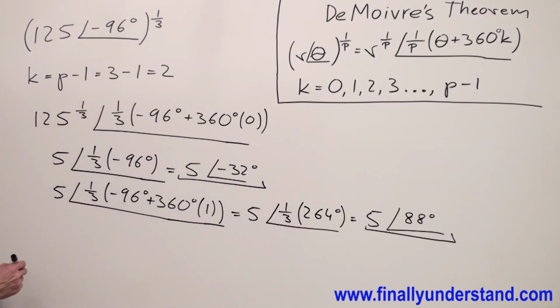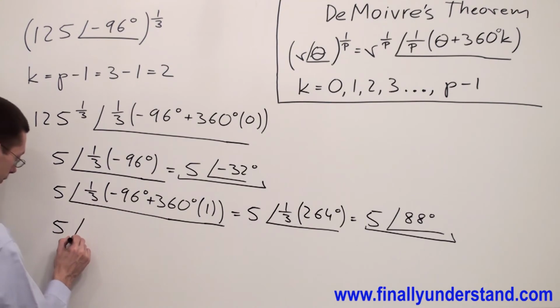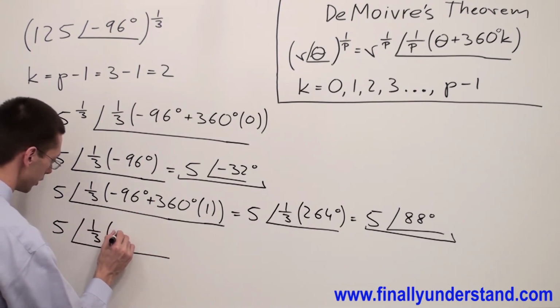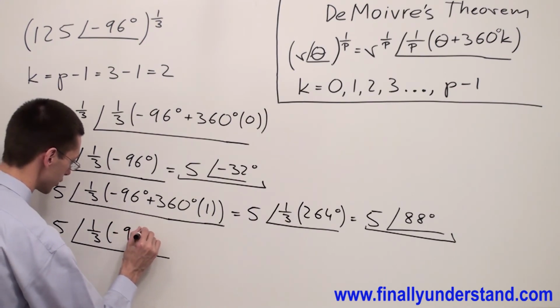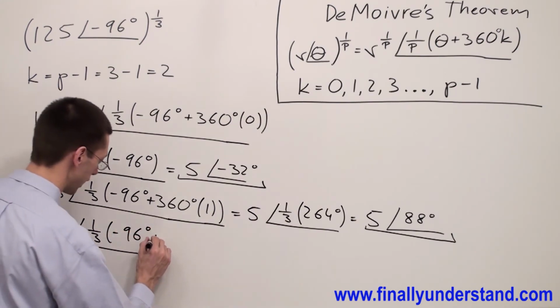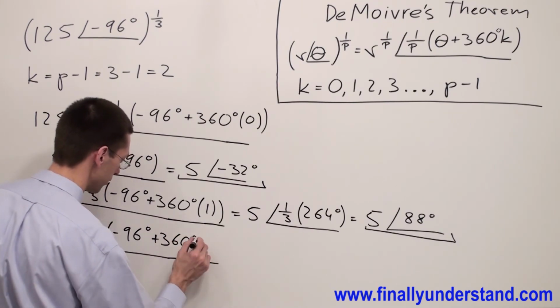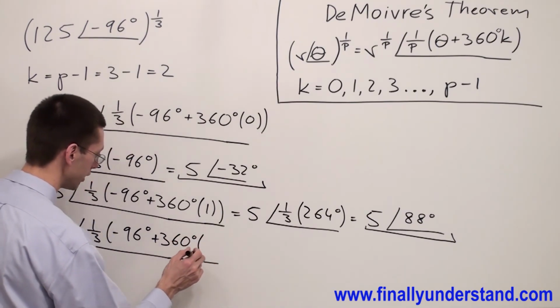Next, I'm supposed to find the third root. So I have 5, and again I have 1/3 negative 96 degrees plus 360 degrees, and this time my value of k is equal to 2.